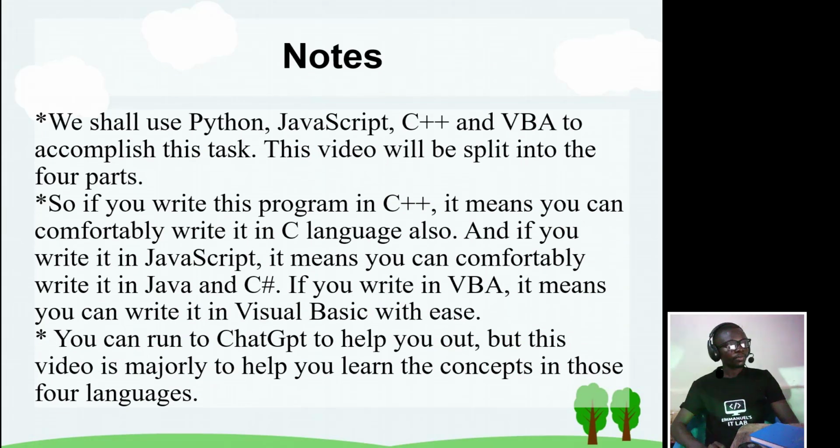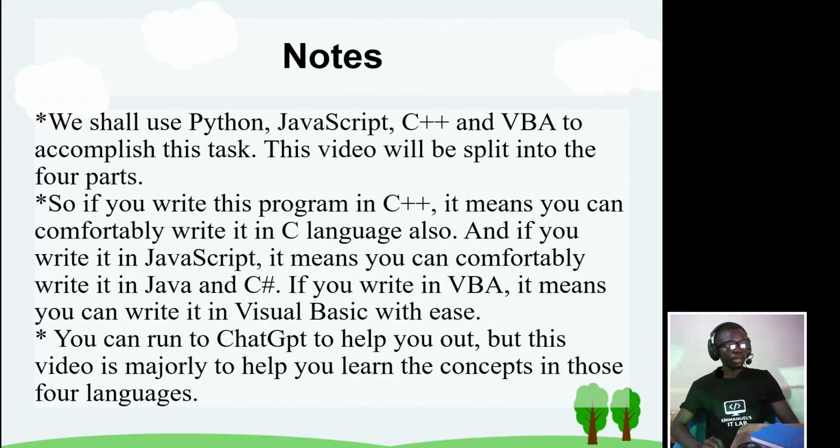Now, we have keynotes to take here. Like I said, we shall use Python, JavaScript and VBA to accomplish this task. Alongside, we shall build a graphical user interface application. I'm very confident that if you build this in C++, it will not be hard for you to do the same in C. And if you can do it in JavaScript, there is some relation in the syntax with C# and Java.